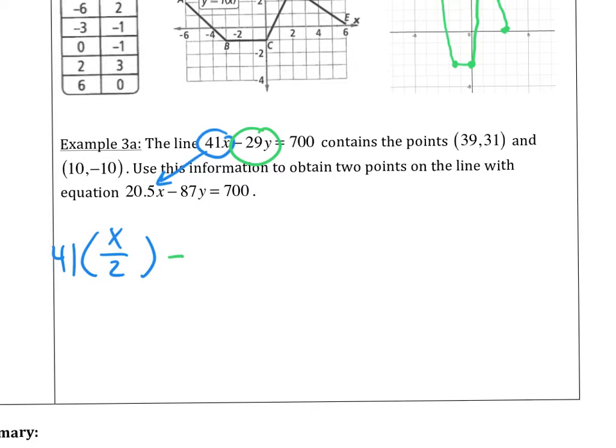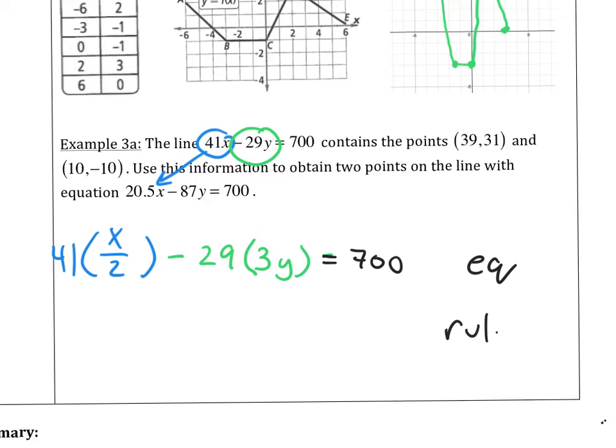So the original is 29. How do I get to an 87 from there? If I were to triple that, essentially, this is what's happening.